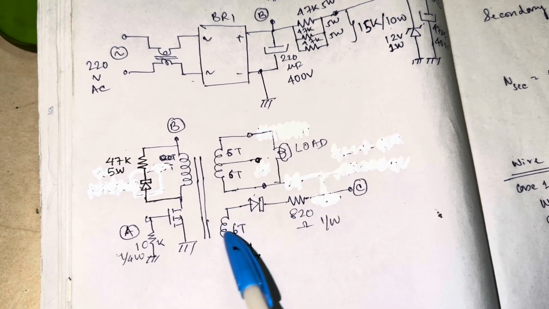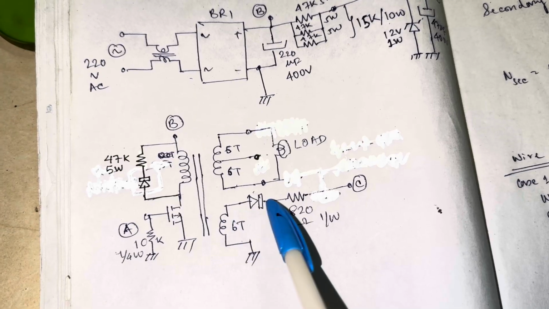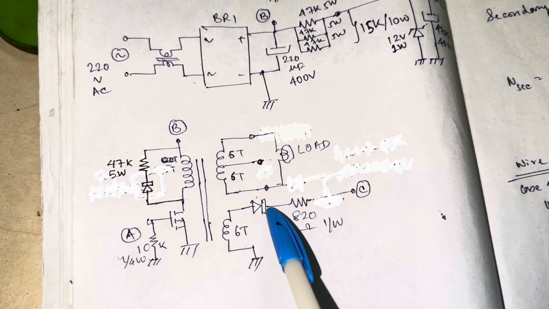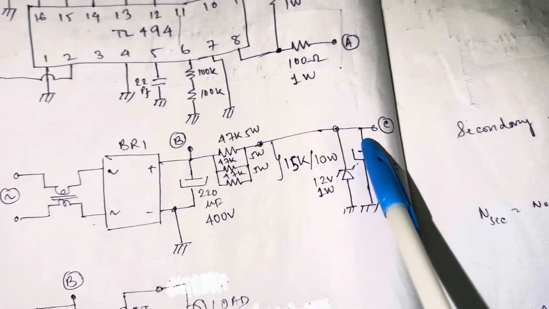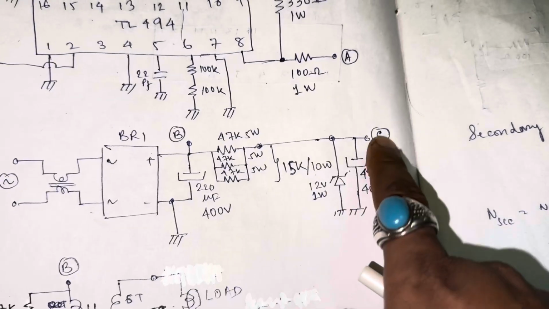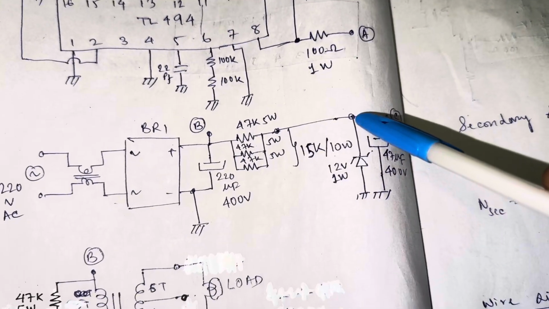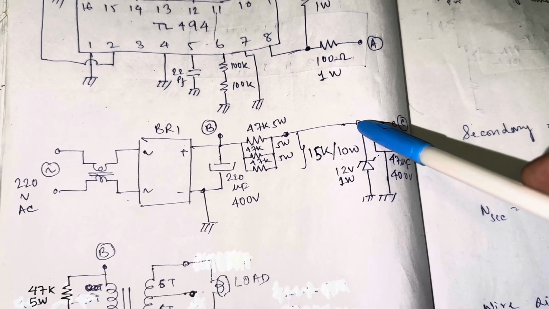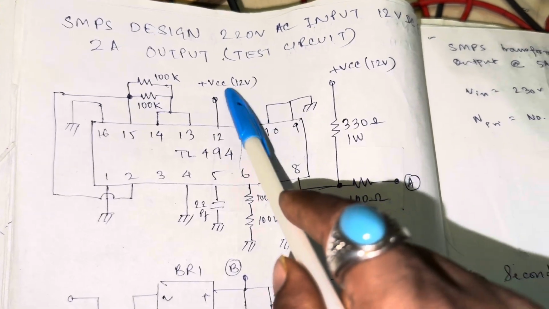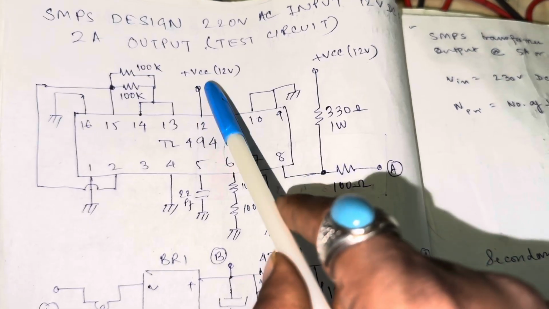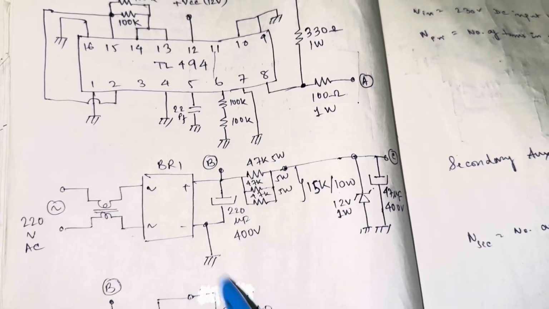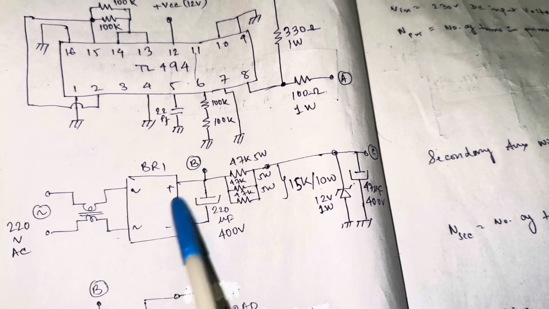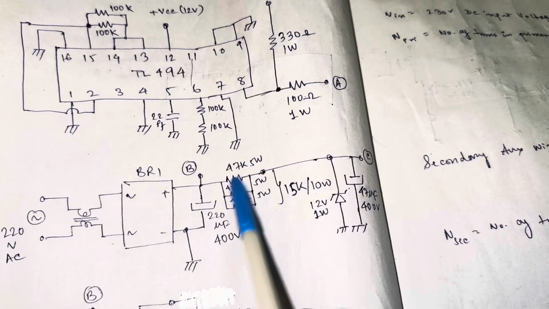There is an auxiliary winding in the transformer. You can see here, this is a Schottky rectifier, and it is fed to this point, and from here you can see it is maintaining a voltage of 12 volts, and this voltage is fed to the TL494 IC. So that means initially when we switch on the power supply, the power is taken from this loop.